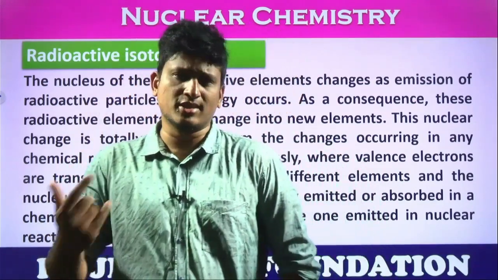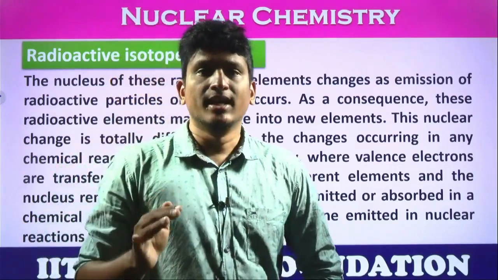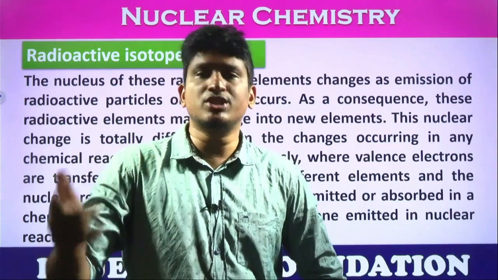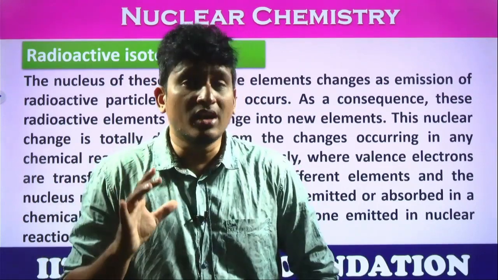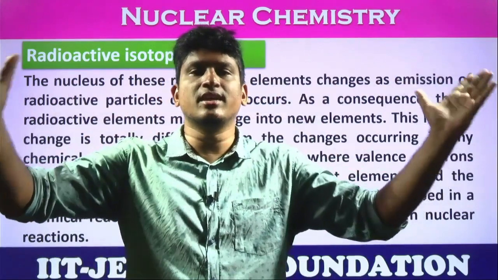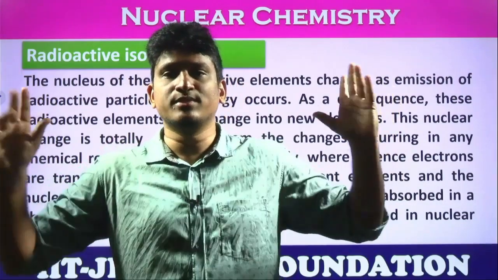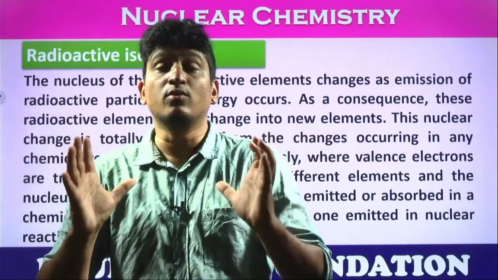So we all know exothermic reactions, endothermic reactions. But when we compare the energy emissions in nuclear reactions to chemical reactions, nuclear reactions take place by the release of enormous amounts of energy. Think about nuclear bombs, atomic bombs, Hiroshima and Nagasaki. Just think about the impact created by these nuclear bombs.